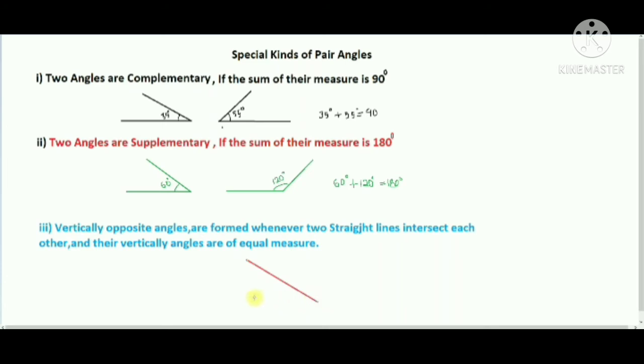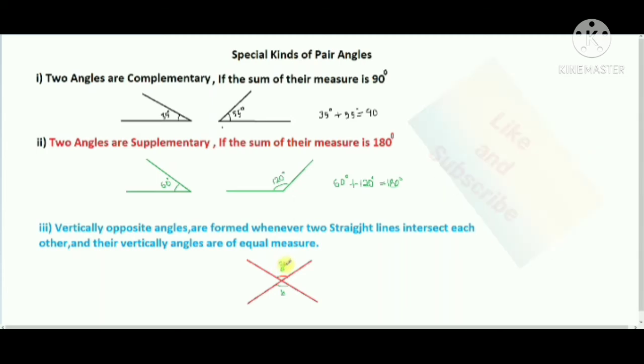First you see I will draw two line segments, and they will intersect each other at a point O, and this side is this angle, and the opposite side is this angle. This is a vertically opposite angle. You see, this is the opposite side. If this is A and this one is suppose B, then the measures of angle A and angle B will always be equal.